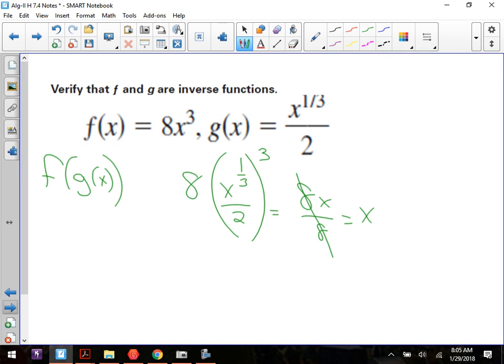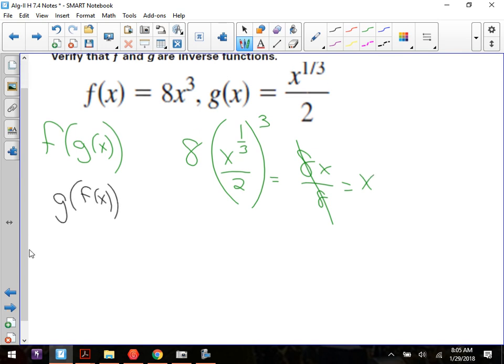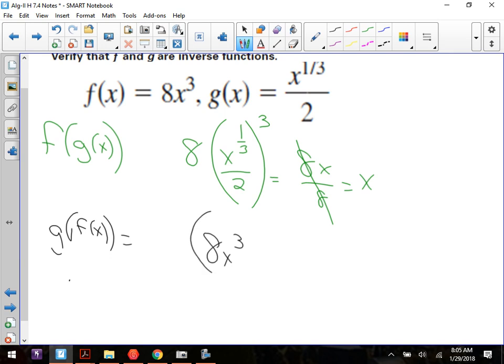Now this next one is where a lot of you guys make some mistakes. Write out the f. Surround it with the g. Now this value here is playing the role of the x in the g equation, which means in this case, it's the whole thing to the 3rd power.